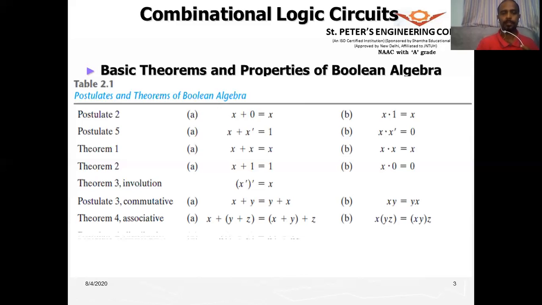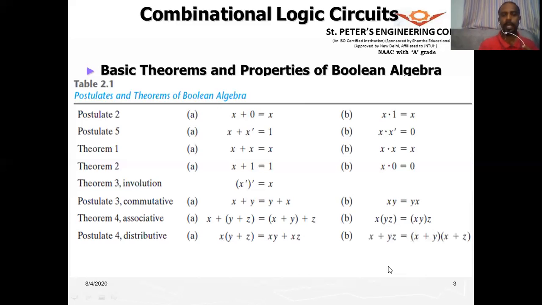Based on that theorem, the next postulate is the distributive. Here the bracket with no sign indicates an AND operation. So x ANDed with the result of y OR z is equal to x AND y, ORed with x AND z.